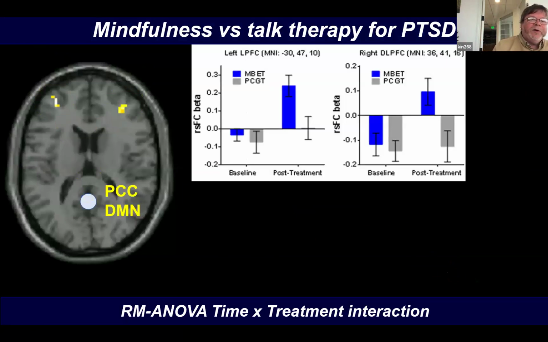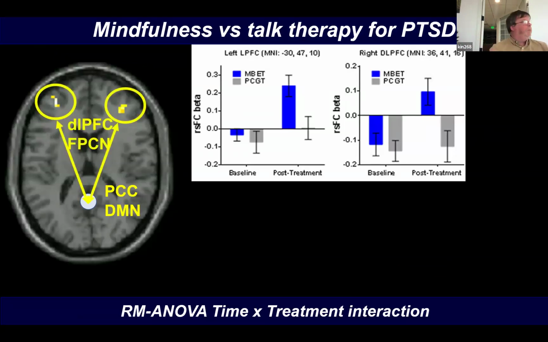And what we found using a PCC seed was posterior default mode network, we saw a large increase in connectivity. There's just a whole brain seed-based in the DLPFC bilateral. And importantly, this was an ANOVA in SPM12, so it's a group by time by treatment interaction. And you can see it pretty clearly.